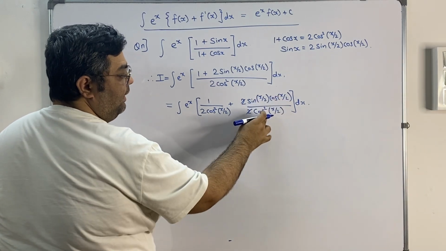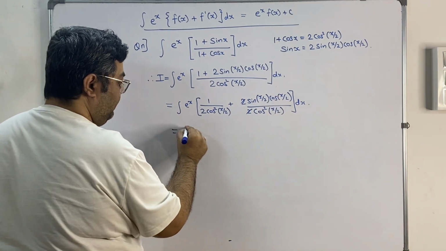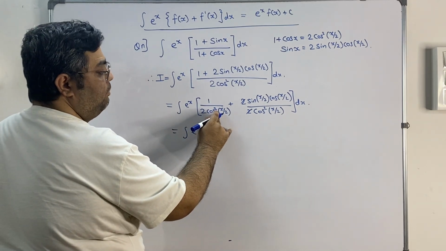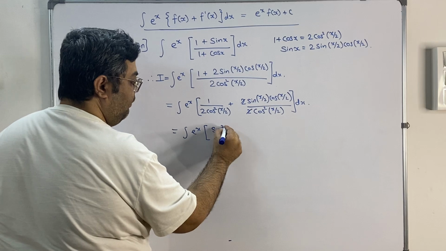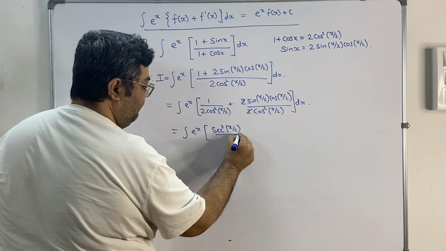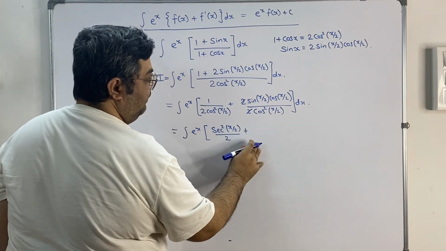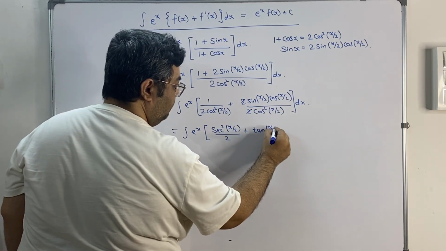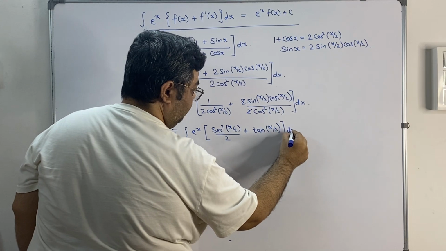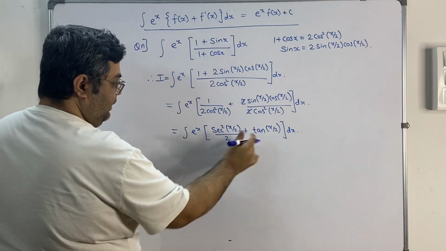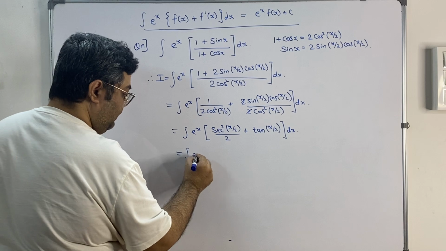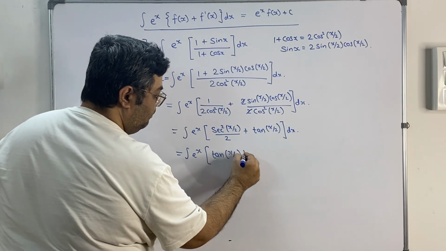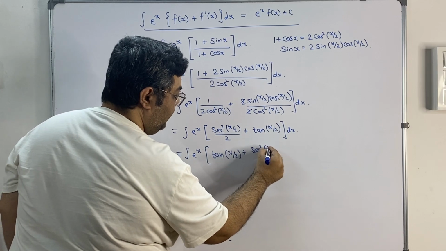One cosine can be cancelled with this, so I end up getting e raised to x, 1 over cos squared x by 2 becomes sec squared x by 2 divided by 2, plus. Now here I am left with tan x by 2. I'll rearrange the whole thing. This is e raised to x (tan x by 2 plus sec squared x by 2 over 2).